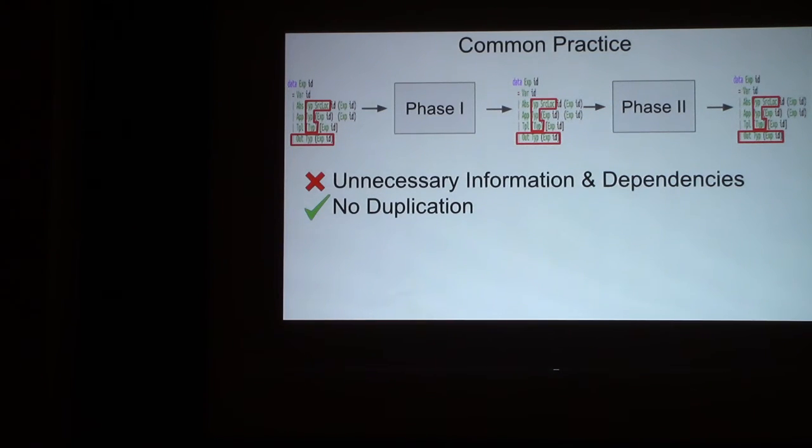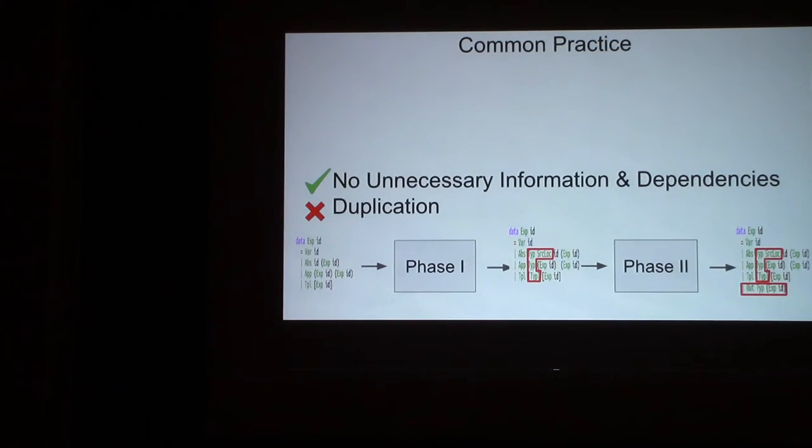If you want to use the GHC AST, you have to depend on the whole compiler, or at least a big part of it. But there are no duplications, right? Because you have one AST here. And if you want to use the other technique, you don't have unnecessary information, but you have duplication. You have three trees here.